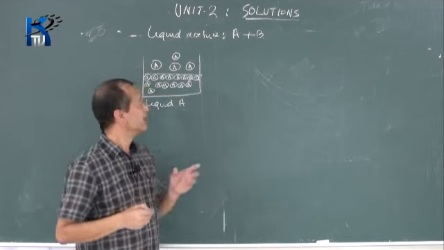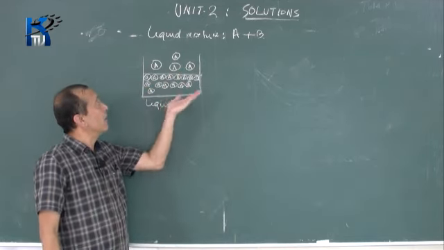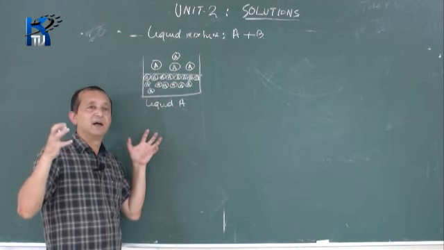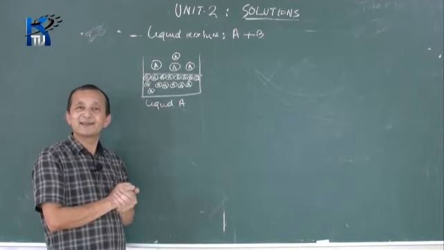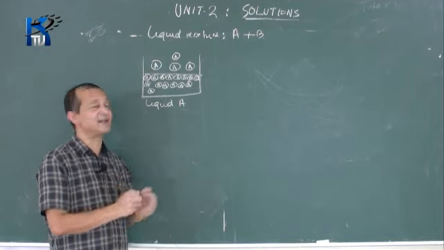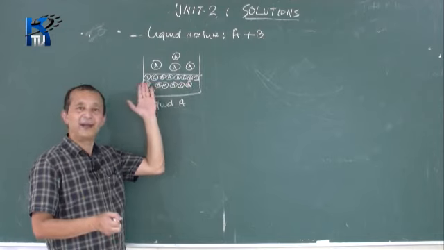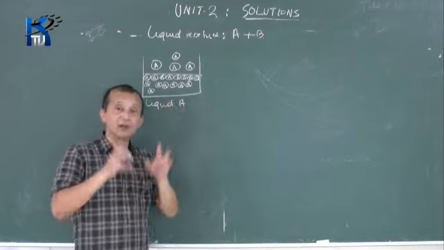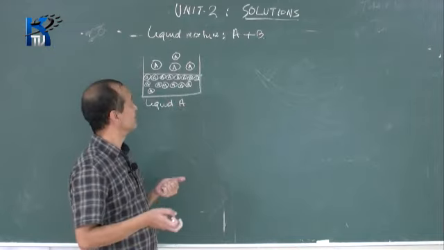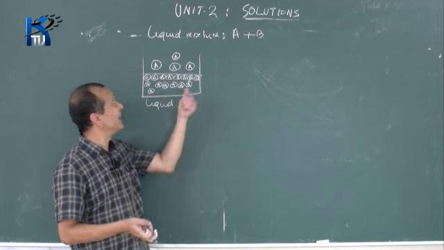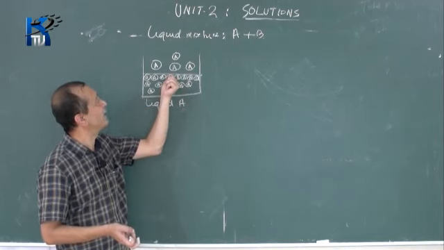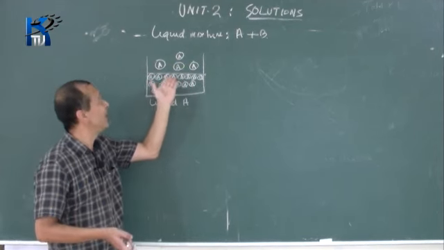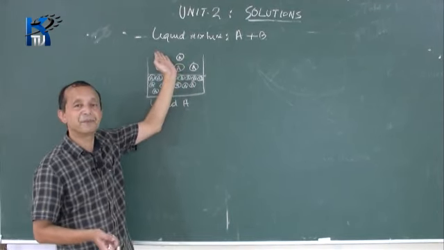Now the question is this. The molecules of A are bound by what is known as intermolecular forces. There is an intermolecular force between A and A. What we have to remember is that when the intermolecular forces are more, then fewer molecules of A will be escaping from the surface and becoming vapors.